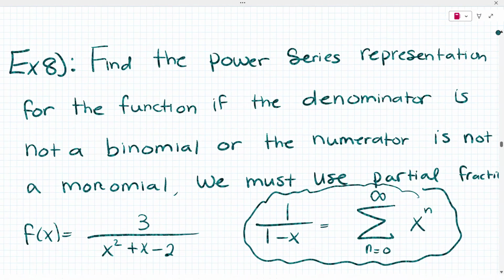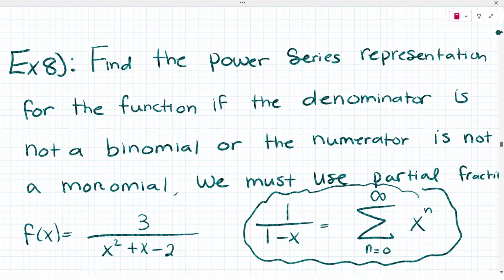Let me reread the question. It says find the power series representation for the function if the denominator is not a binomial or the numerator is not a monomial. So monomial means one term, binomial means two terms. Then we must use the partial fraction.